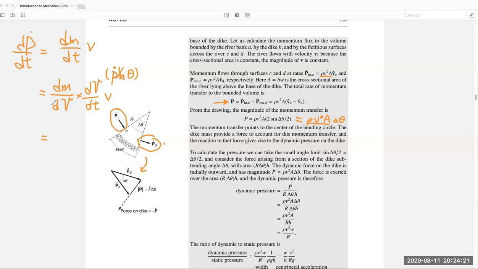This one is the density. This one equals the cross-section area times velocity, the change in volume over the change in time. So that equals rho A v squared.